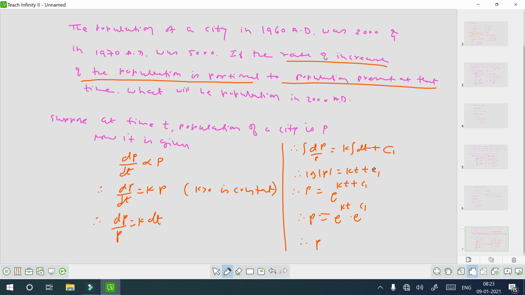So population P is equal to C into e raised to kt, say equation number 1, where C is equal to e raised to C1. Directly you can do it this way. So P is equal to C into e raised to kt, equation number 1.